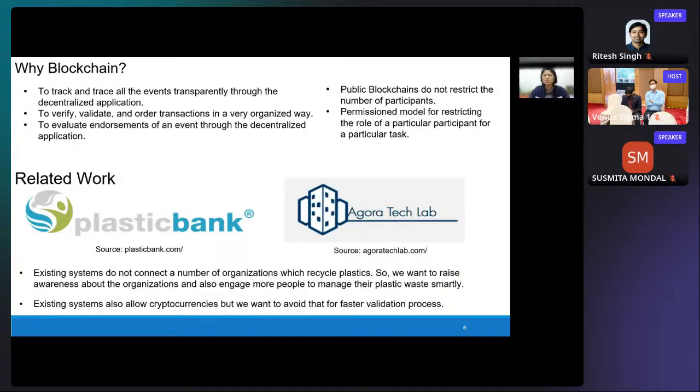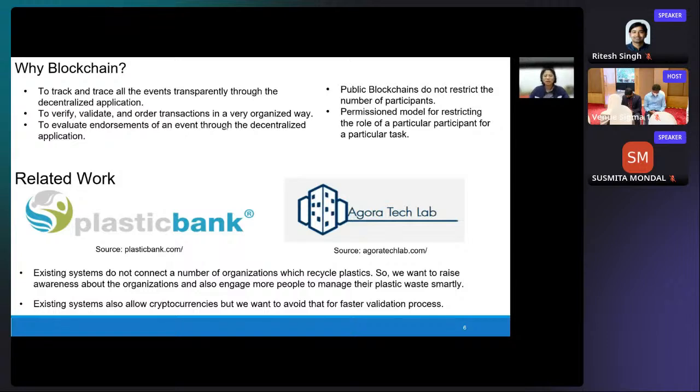We also verify and order our transactions through our tokenized consensus mechanism. Basically, we think of two blockchain networks: public blockchain, which does not restrict the participants, and permissioned blockchain, which restricts some of the roles of the participants.